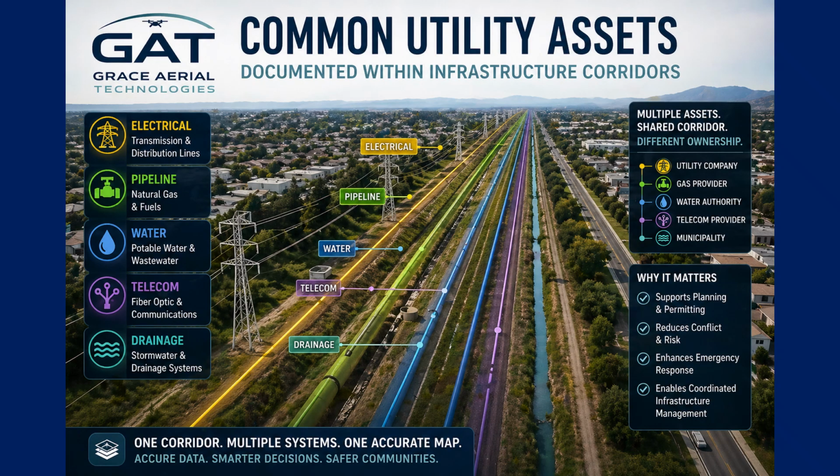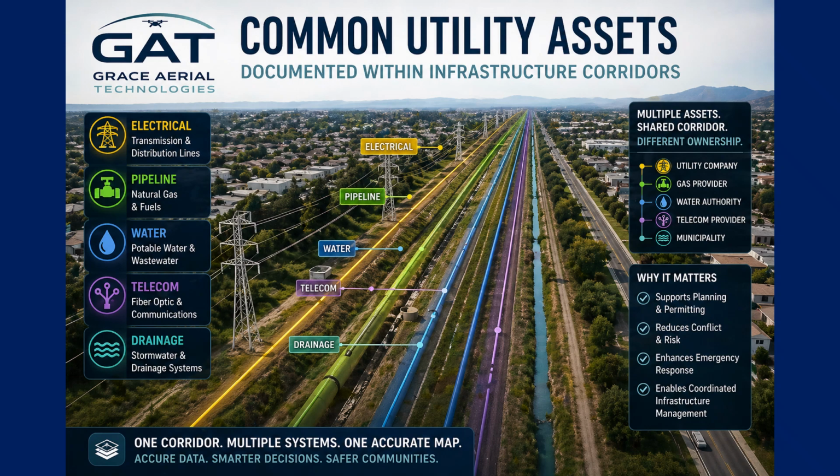Now, there are different types of assets within utility corridors. Utility corridors may include electrical transmission and distribution lines, water and wastewater pipelines, gas lines, telecommunication infrastructure, and drainage systems.